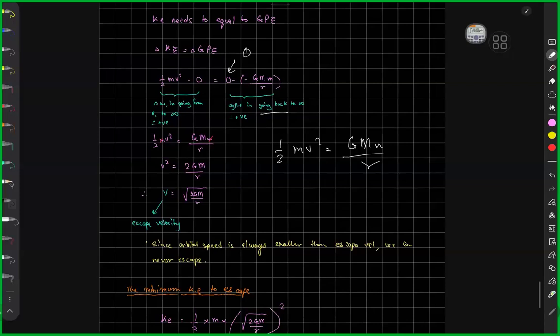Hence, if I cancel off the m, I'm left with V square is 2GM by r. If I take the root, V is equal to root over 2GM by r. This is called escape velocity.